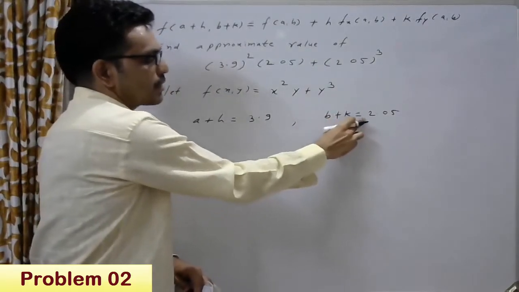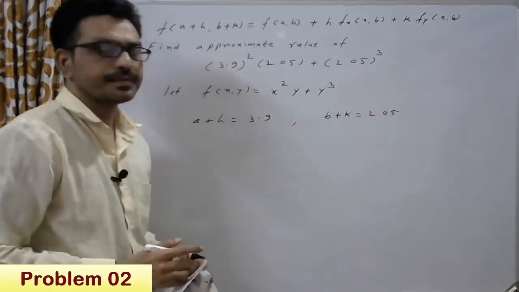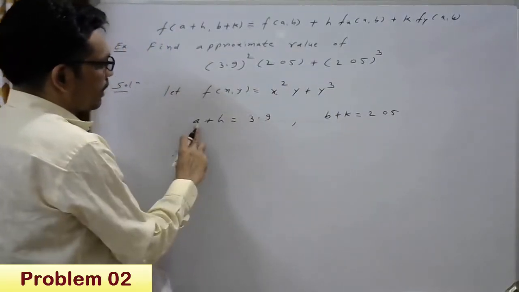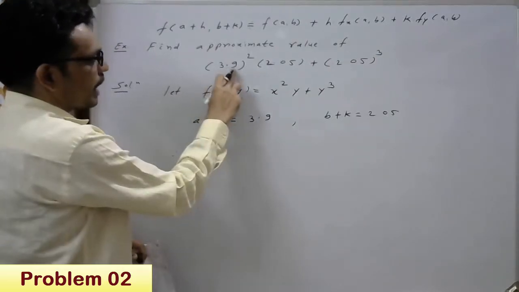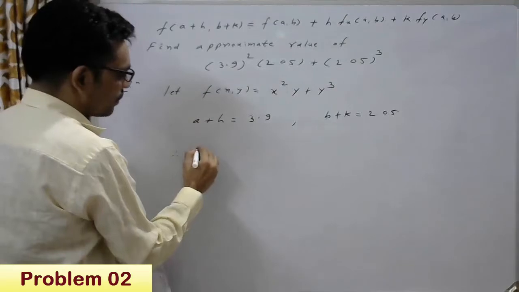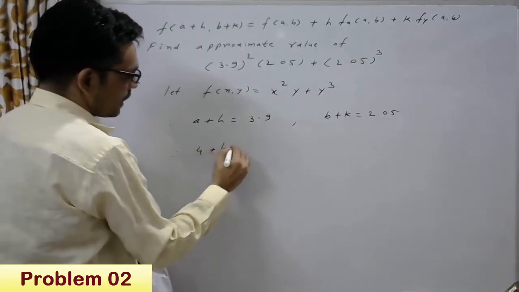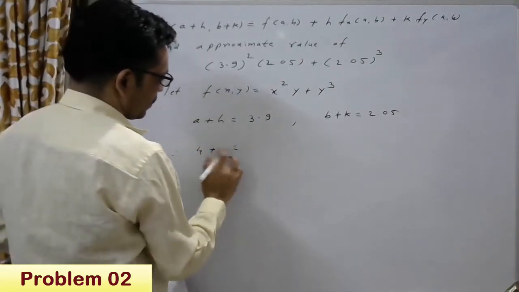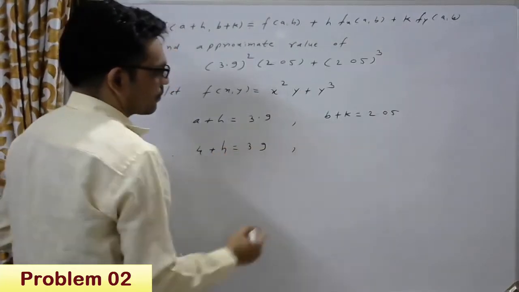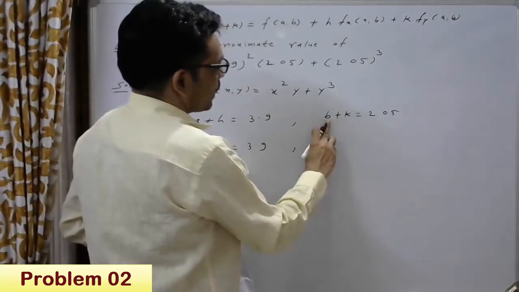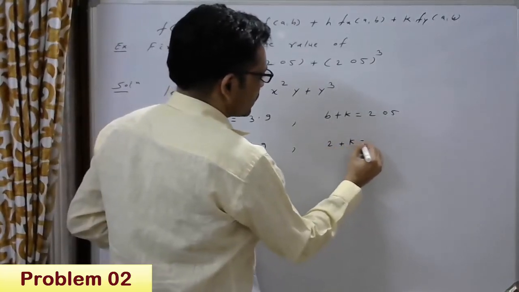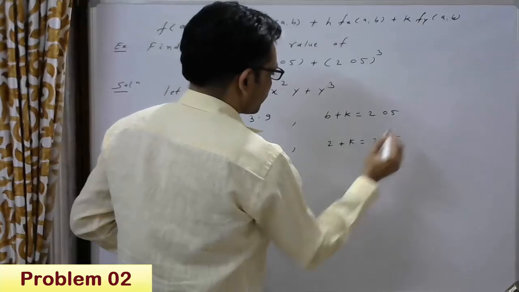The value of a, that is 3.91, is near about 4, therefore here we take a equal to 4. 4 plus h is equal to 3.9. The value of b is 2, so 2 plus k is equal to 2.05.